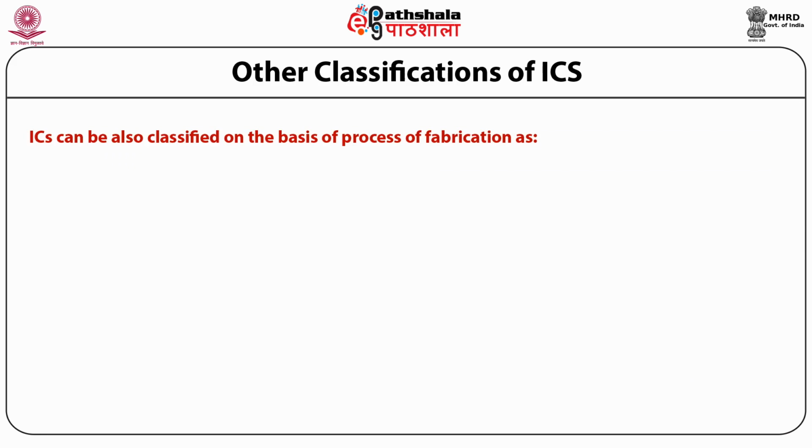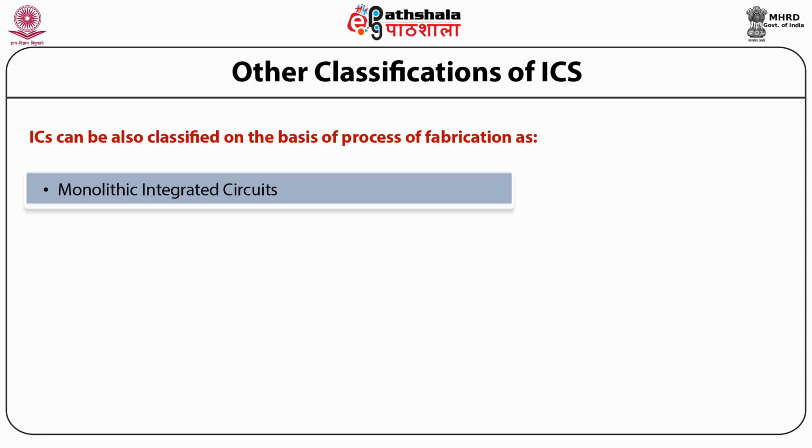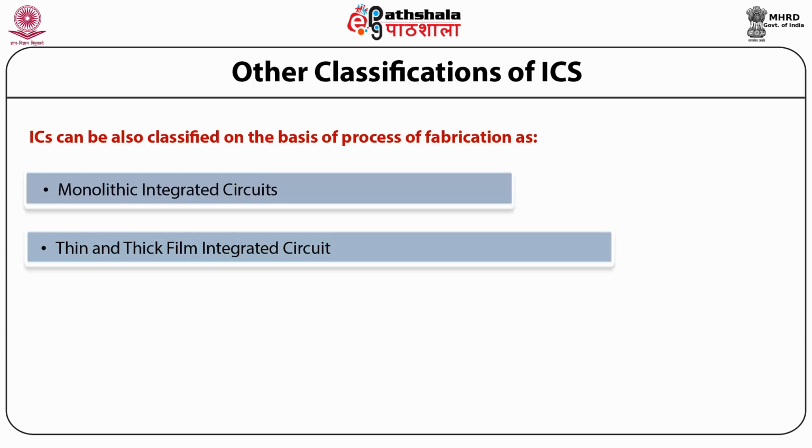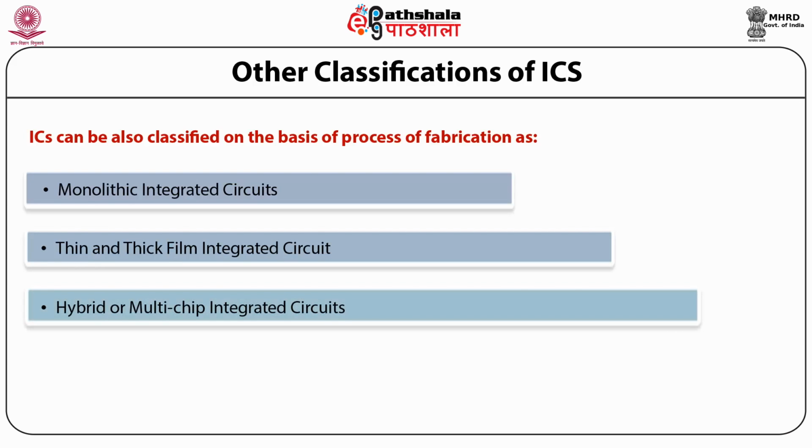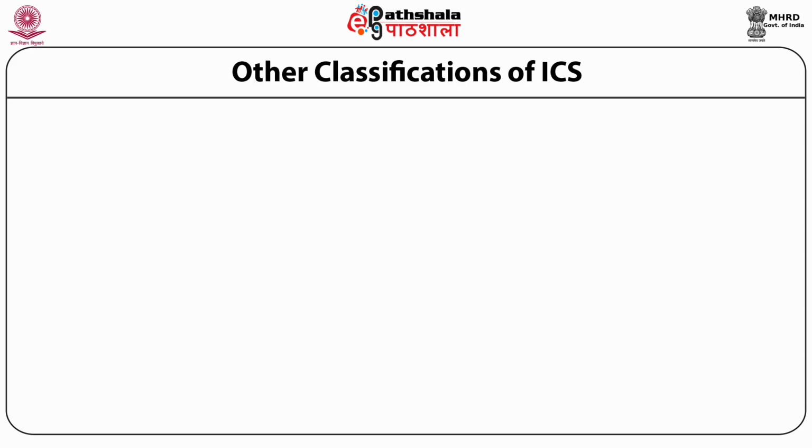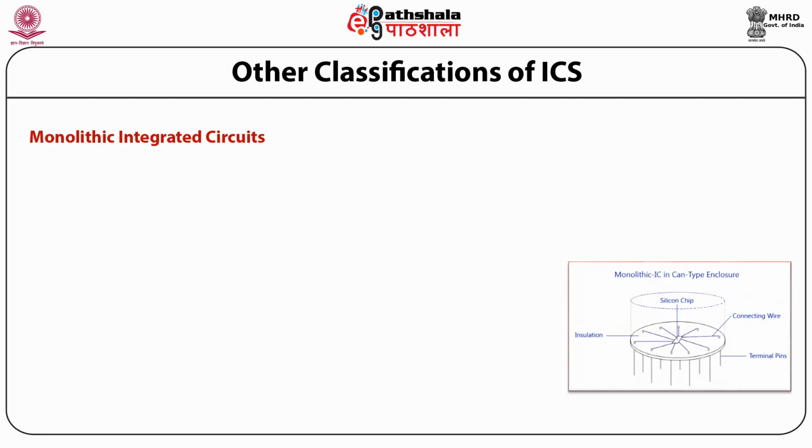Now, ICs can also be classified on the basis of the process of fabrication as monolithic ICs, thick and thin film ICs, and hybrid or multi-chip ICs. Let us first discuss the monolithic integrated circuits.